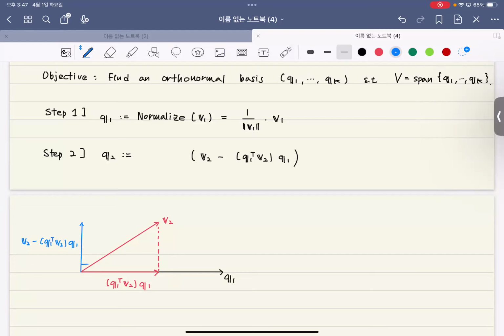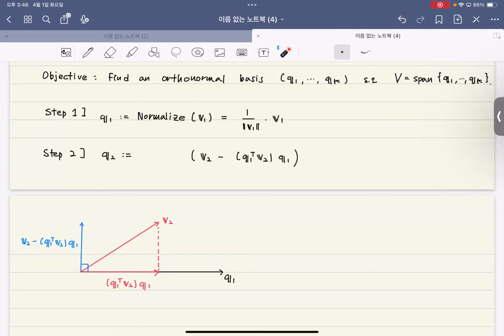Now I am pretty sure that this vector and the previous vector Q1 are orthogonal to each other. Why is that? Because this is V2 and I just got rid of every possible Q1 component from V2. What remains is everything else, which is orthogonal to Q1. Therefore, those two vectors must be orthogonal to each other.